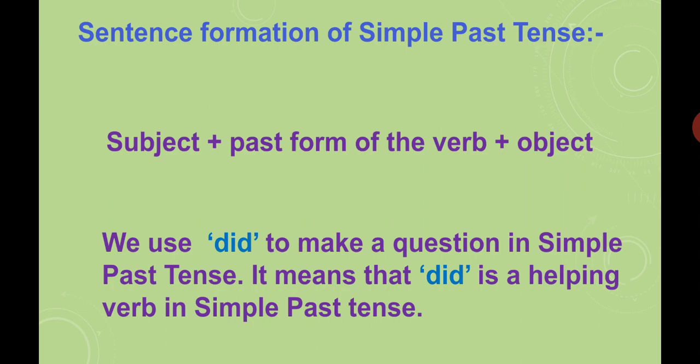Yesterday, last week, last month, ago, before some days, if these are in the sentence, then we will identify that these words represent the simple past tense. So we will identify simple past tense very easily from this rule.